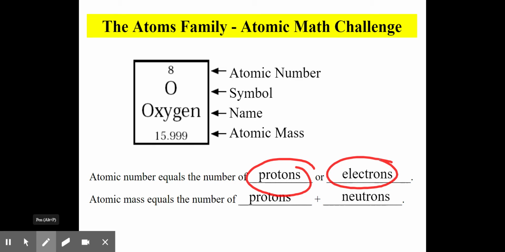You see the symbol for oxygen is O, the name, and then at the bottom you have the atomic mass. Now, the atomic mass is the mass of the atom of the element oxygen. So this atom, oxygen, has a mass of 15.999. That is how much matter is in one atom of that element.